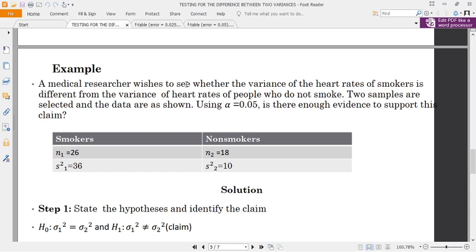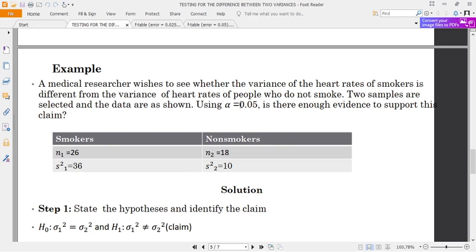The researcher wishes to see whether the variance of the heart rates of smokers is different, meaning this is a two-tailed test because we are looking at the heart rates not being the same. They can either be higher or lower. So at alpha equal to 0.05, we shall consider alpha over 2, which is 0.05 divided by 2, giving us 0.025.